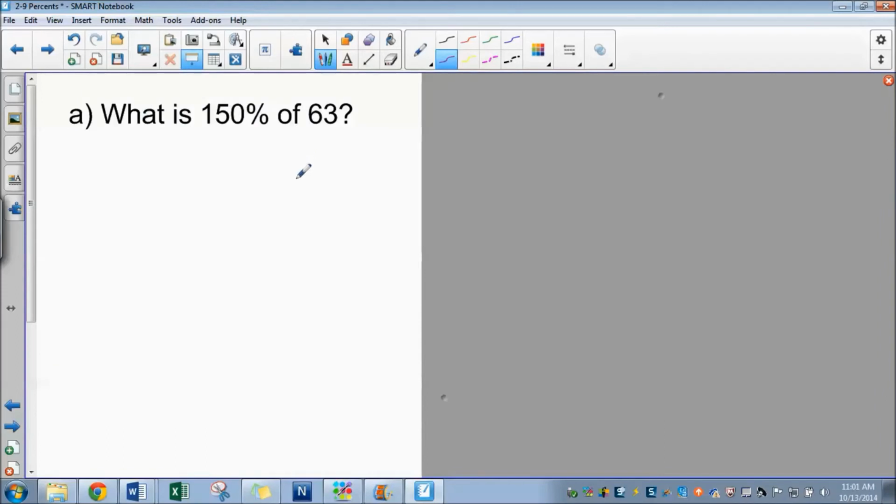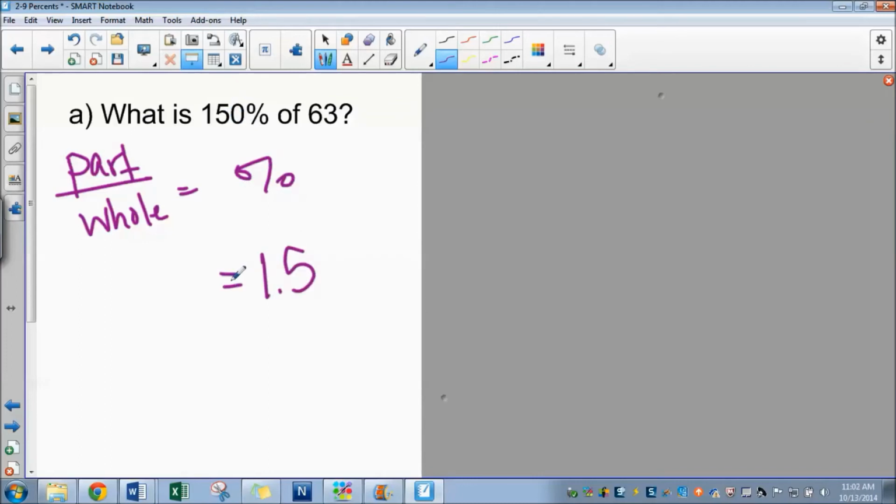So here, let's practice it a little bit. What is 150% of 63? What we don't know is the part. Remember, the part over the whole equals the percent. So let's plug in the parts that we know. 150% is the percentage, and so we're going to write that as a decimal. 1.5 equals, what we don't know is the part. What portion is going to be 150% of 63?